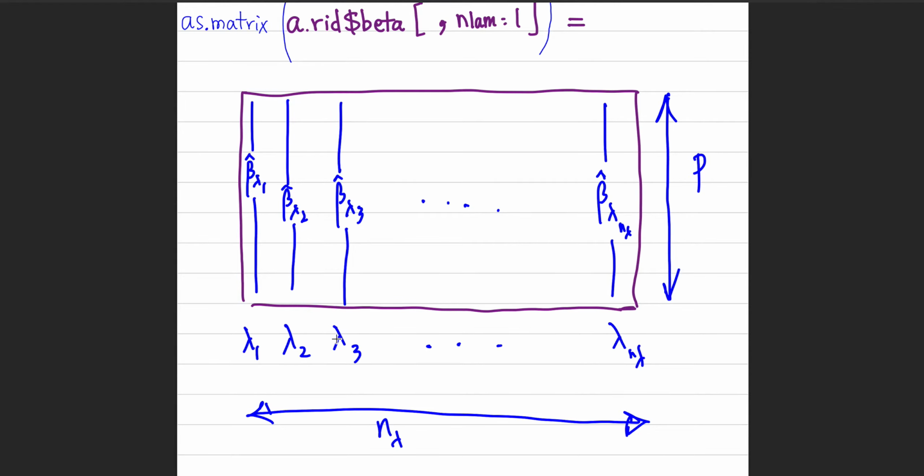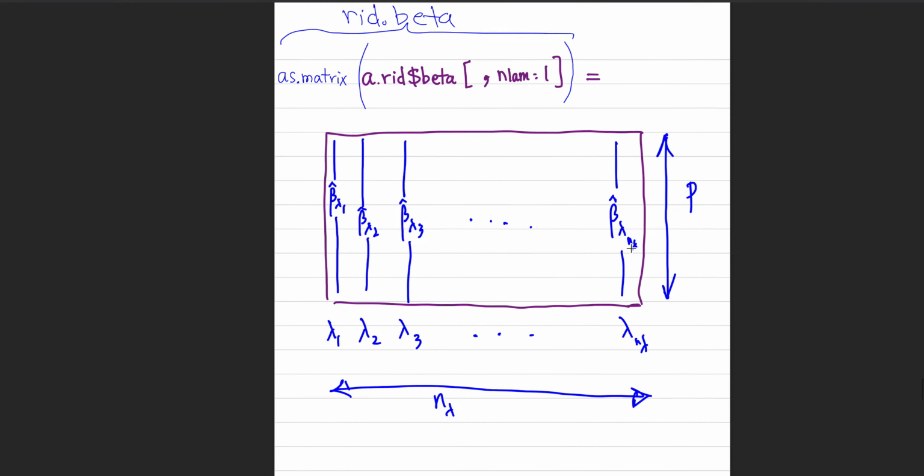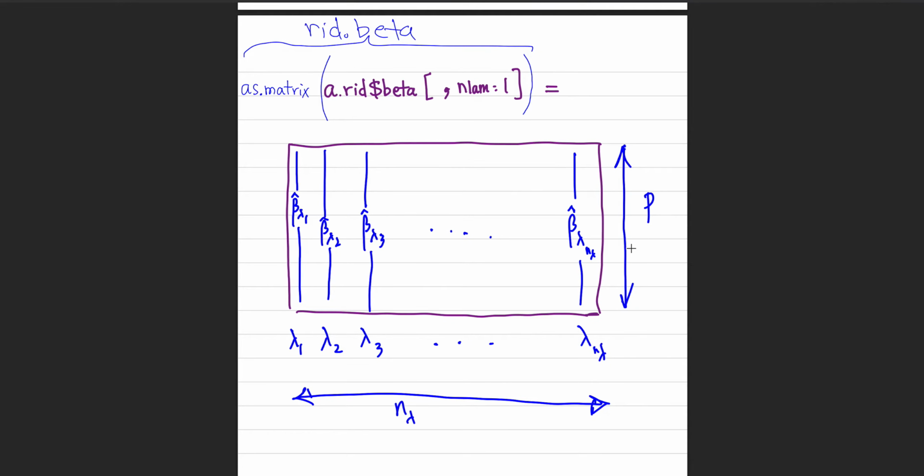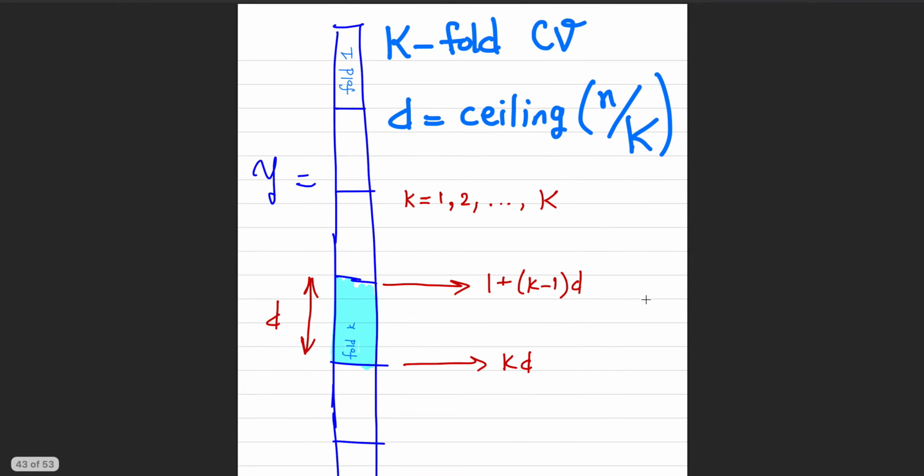So this will be beta hat for lambda 1, beta hat for lambda 2, beta hat for lambda 3, up to beta hat for lambda n lambda. That's all we're doing: just manipulating the data into a form that's going to be useful. In a second, you will know why.